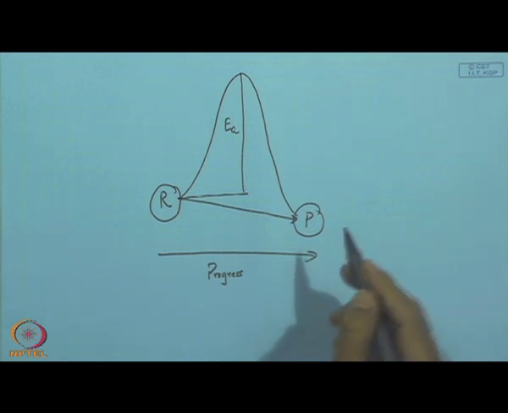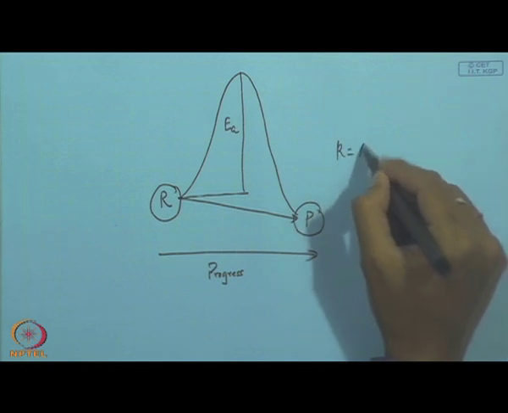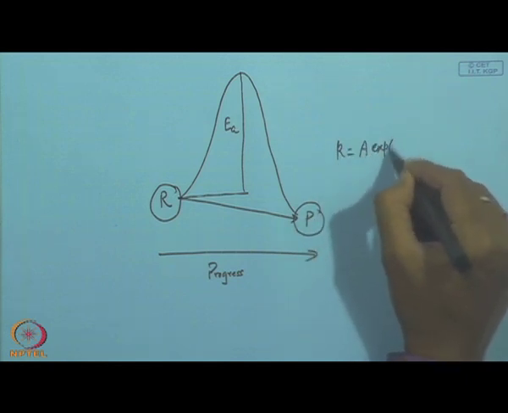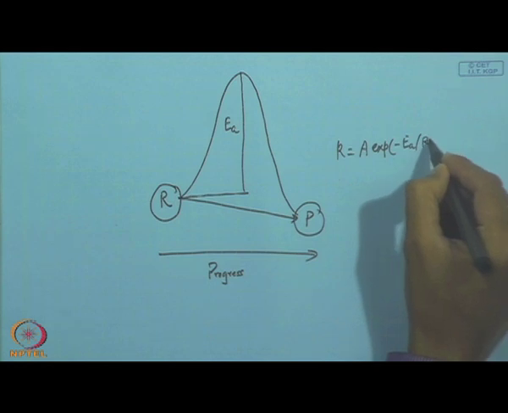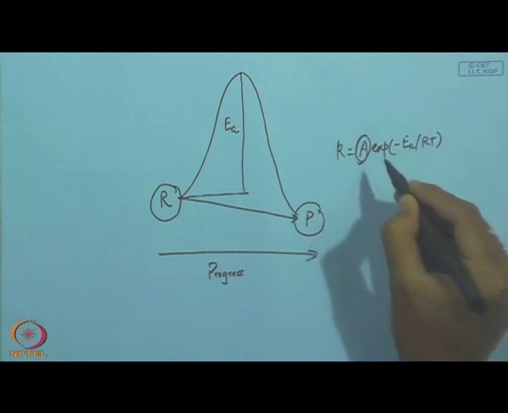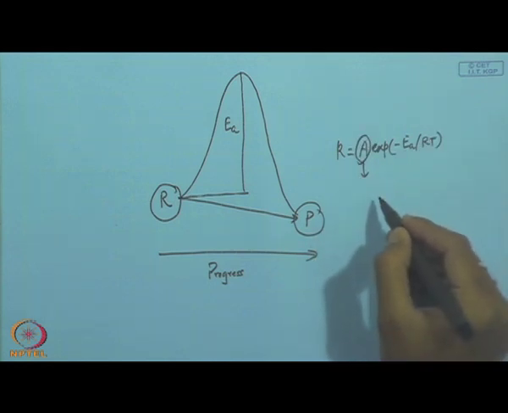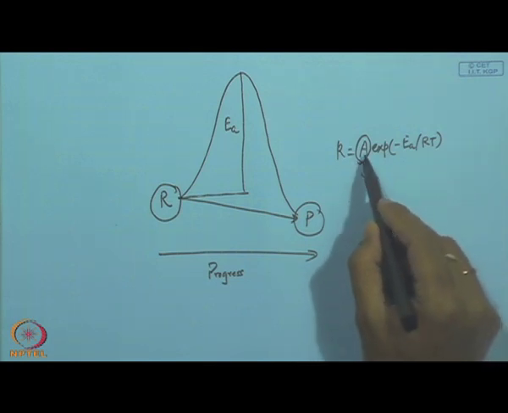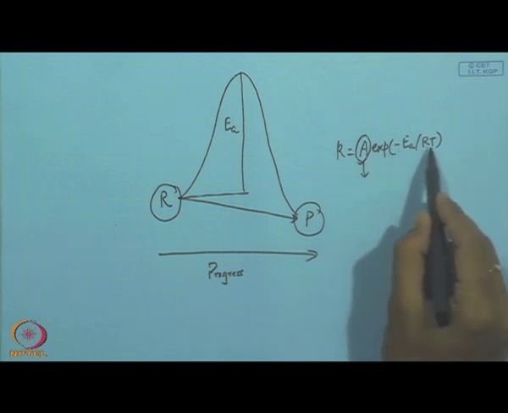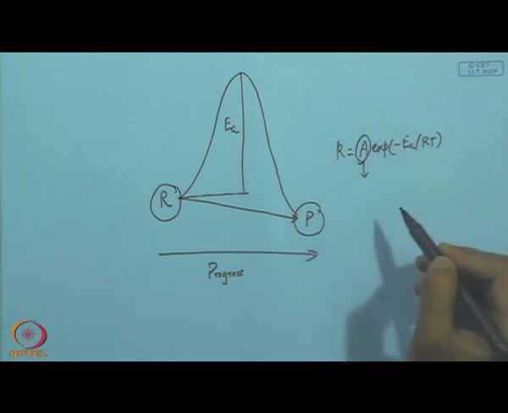The Arrhenius factor is k equals A exponential minus EA by RT. A is also called the frequency factor, and this is your exponential term.